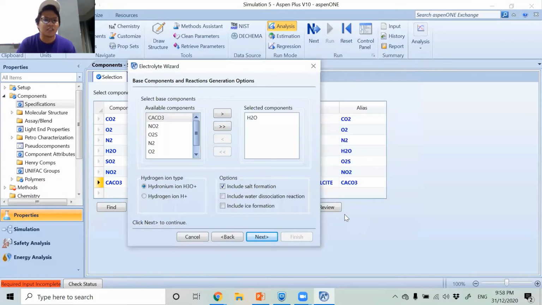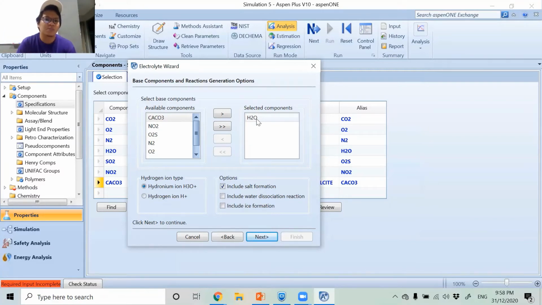I click next, and then here are the available components that I need to select. Basically, I need to select the components that will be participating in the electrolyte system, the components that will associate and dissociate in the electrolyte solution.